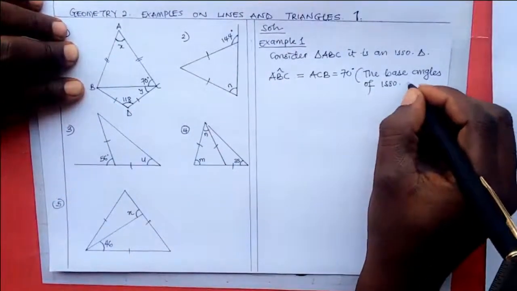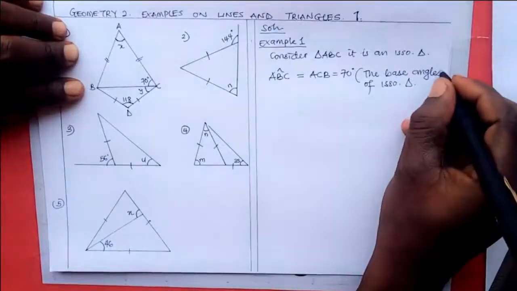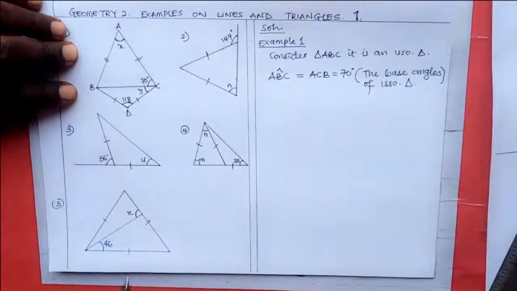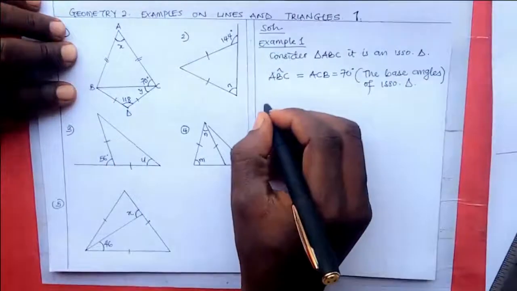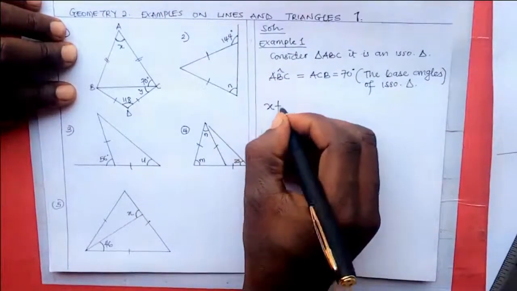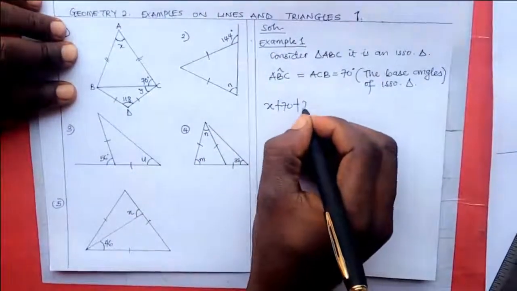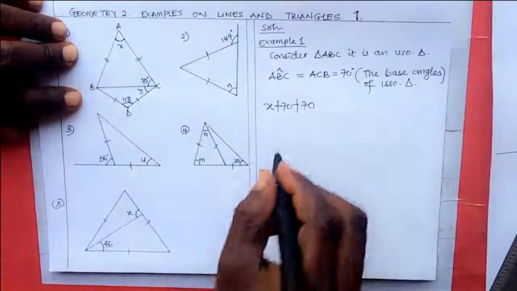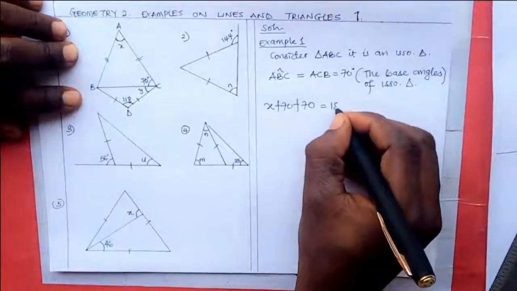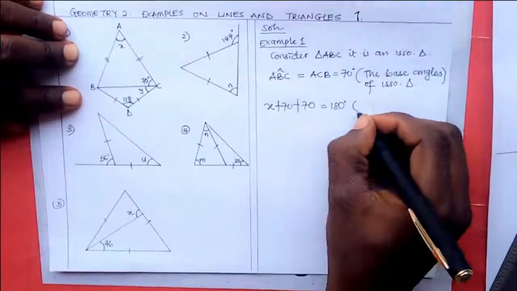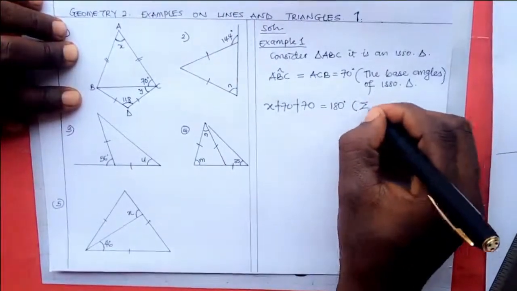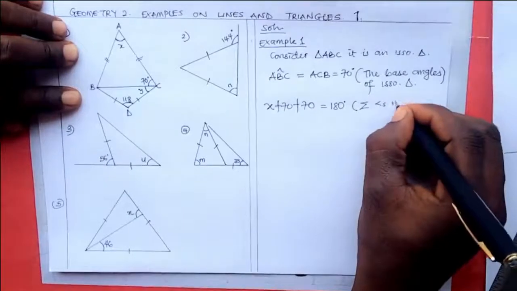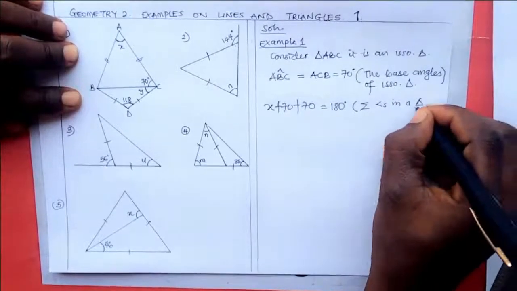isosceles triangle are equal. So therefore I can say that x plus 70 plus 70 is equal to 180 degrees. You must write the reason at the front. Sum of what? Angles in a triangle.